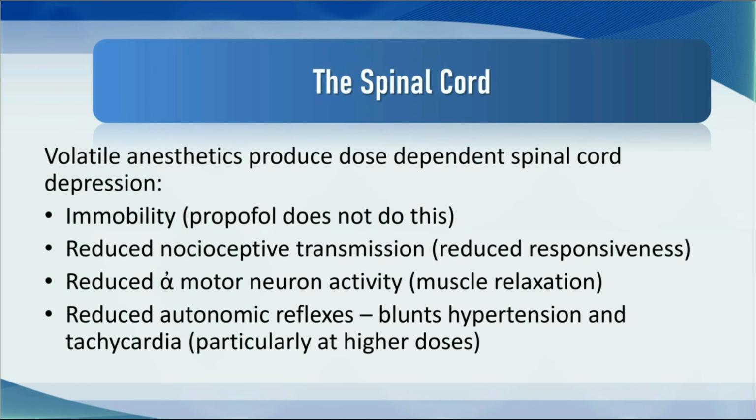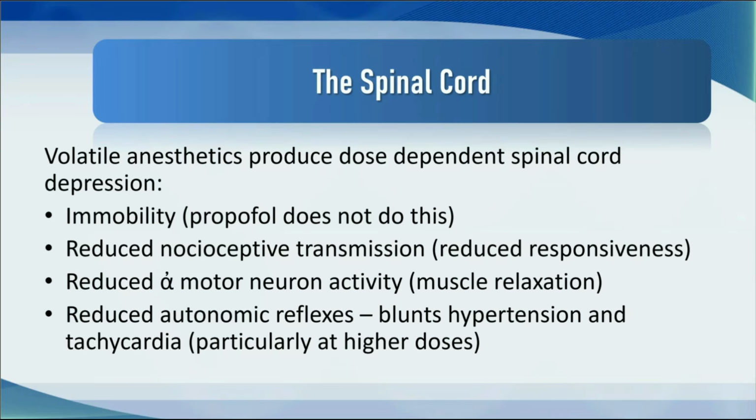Volatile anesthetics produce dose-dependent spinal cord depression, and this is really important. They cause immobility. Propofol does not do this. There is reduced nociceptive transmission, so reduced responsiveness to surgical incisions. There is reduced alpha motor neuron activity, muscle relaxation, and reduced autonomic reflexes.